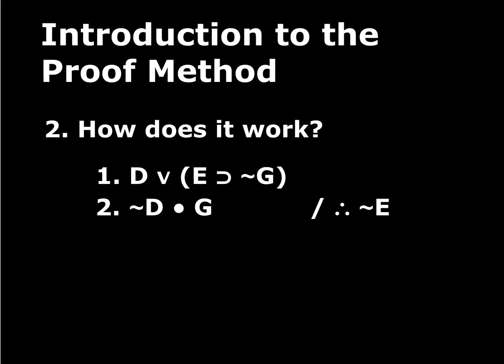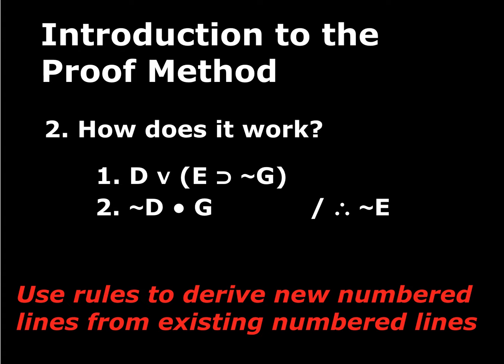Now, how does the proof method work? Well, first I'm just going to show you a proof. Some elements of it aren't going to make sense, but it'll give you the basic idea of what we're going to be doing. We're going to use rules to derive new numbered lines from the existing numbered lines. So far the only numbered lines we have are the premises 1 and 2.